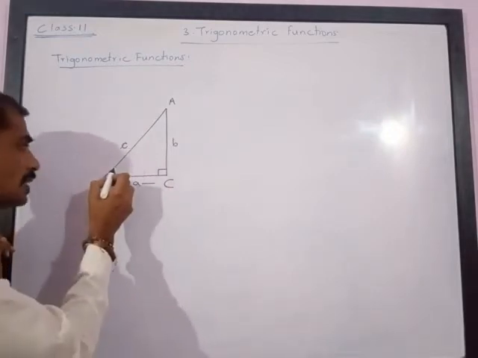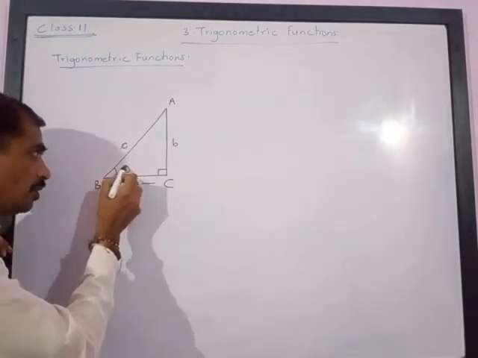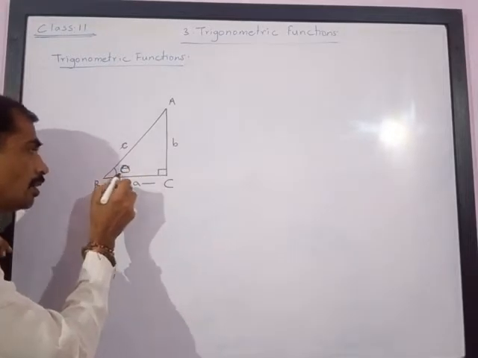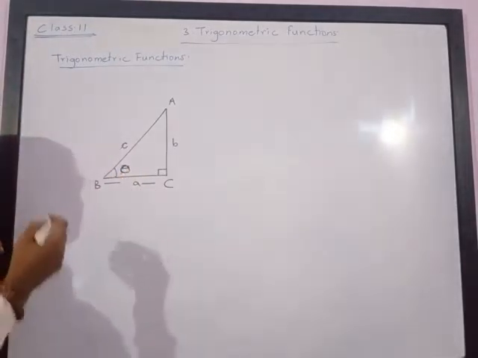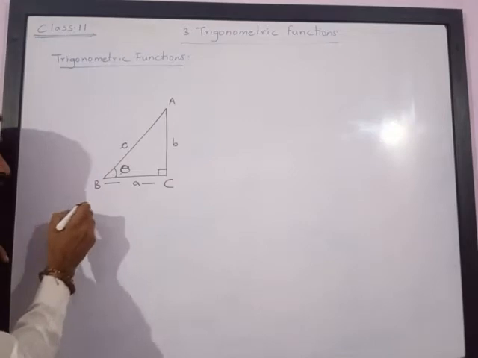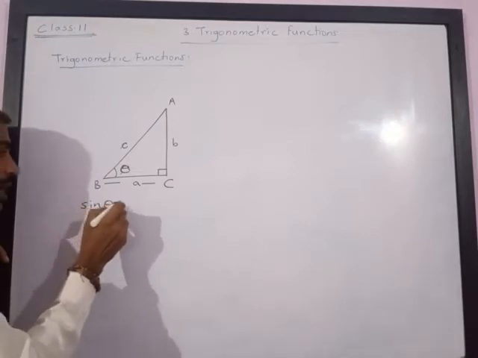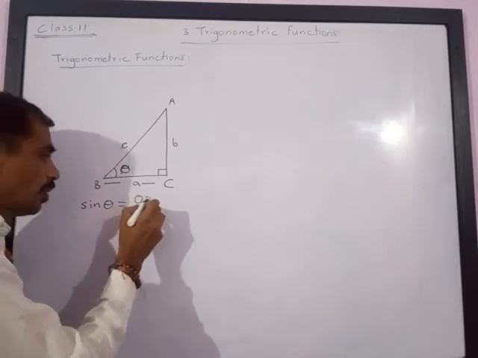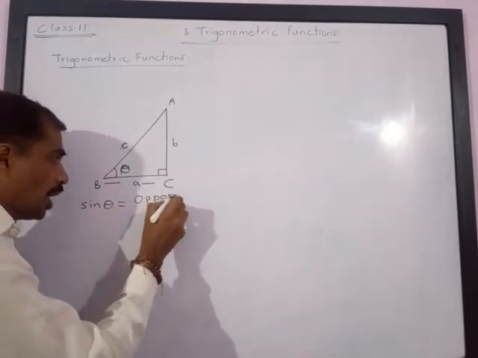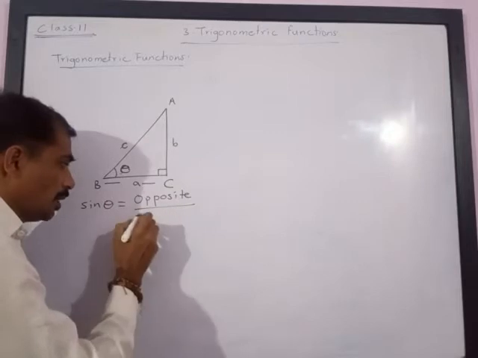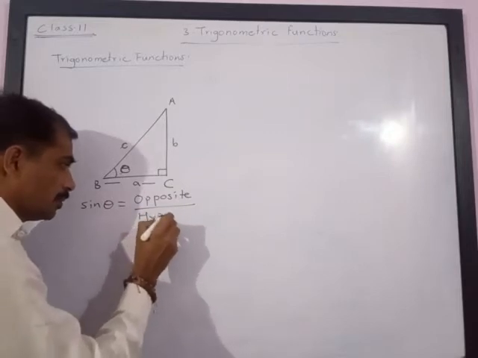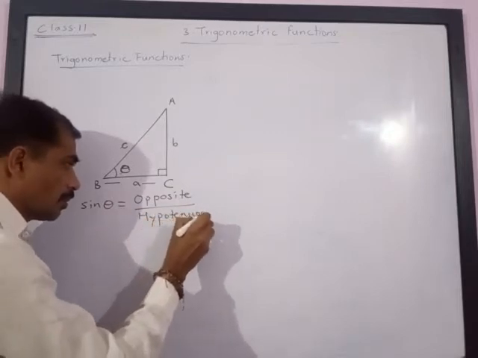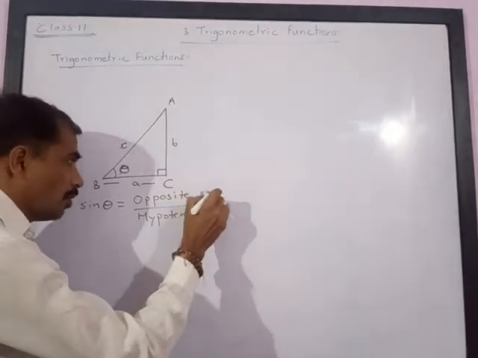Now if theta is the angle, theta is equal to angle B, then we know that sine of theta is the trigonometric ratio, and it is equal to opposite side upon hypotenuse.